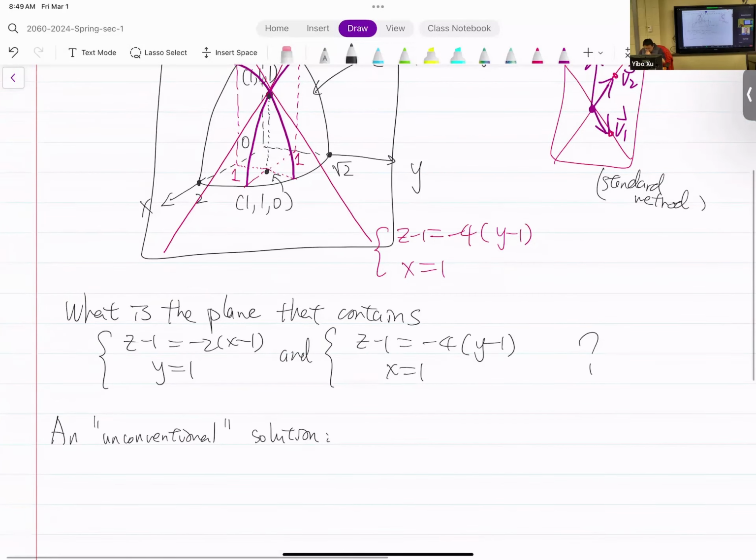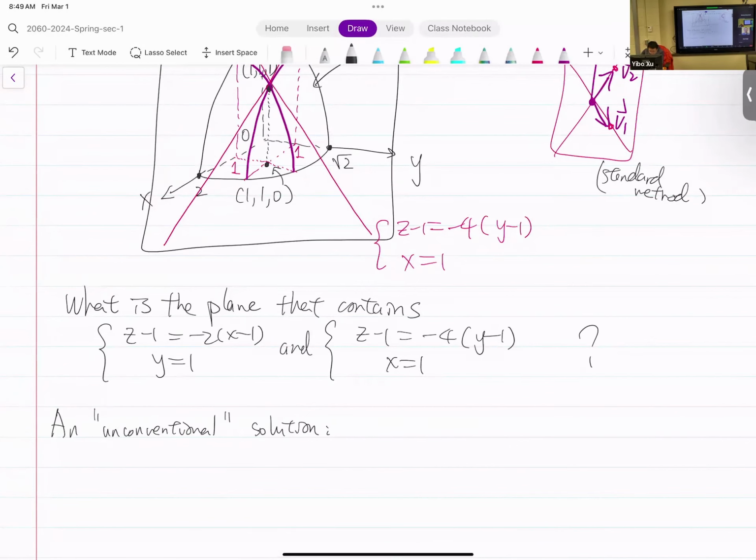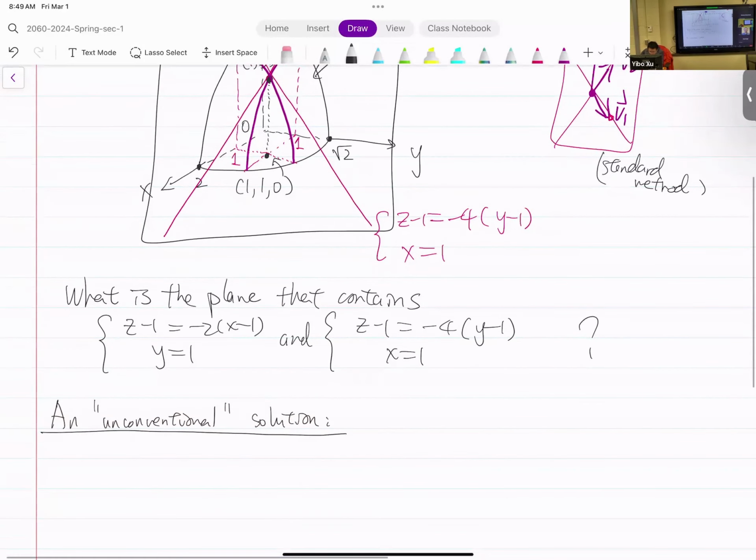The previous way is that we calculate the normal vector and then we write down the equation of the plane. Here we do something different.